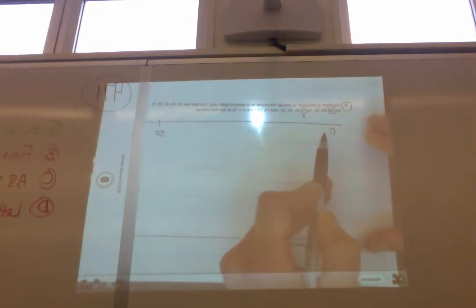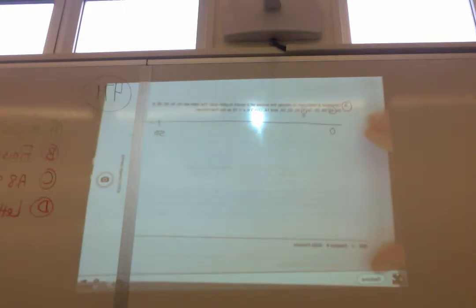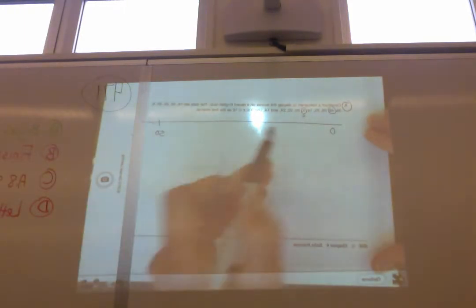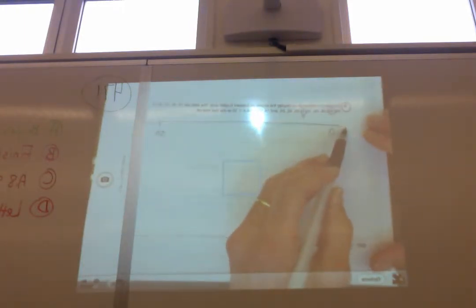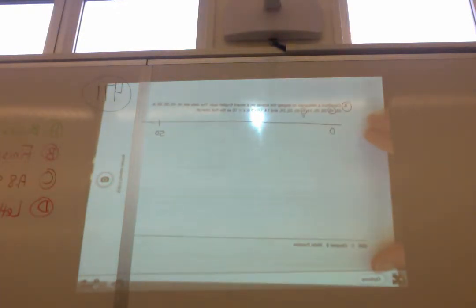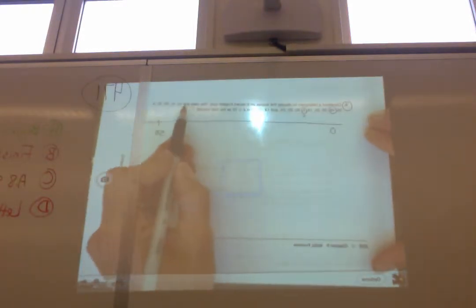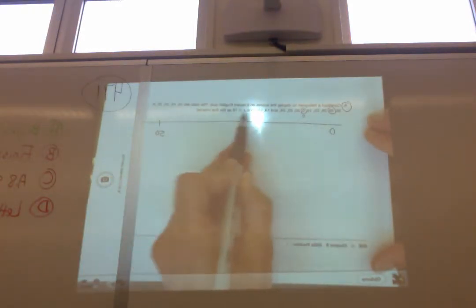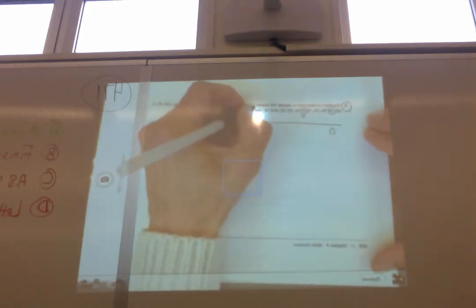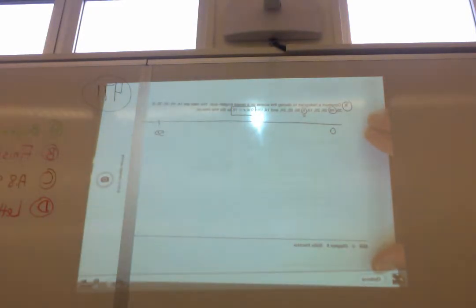Okay. Quiet, please. Now, in order to make a histogram, we need to look at our data, and we need to chunk it up. When I look at this data and I scan along it, I can see they want me to use bins that go by tens.